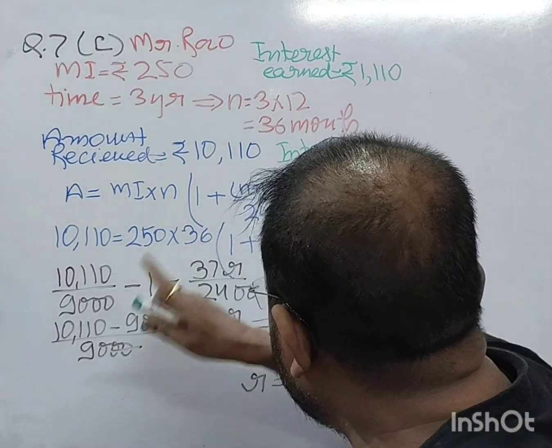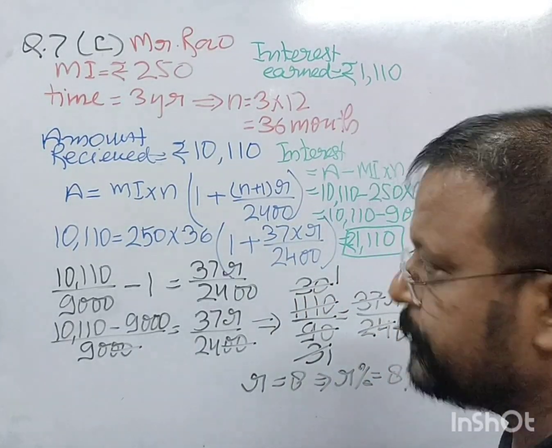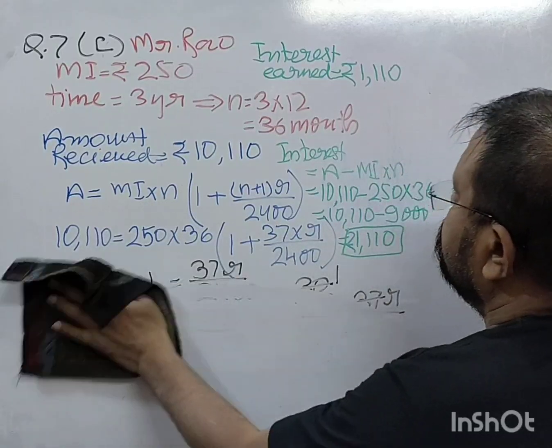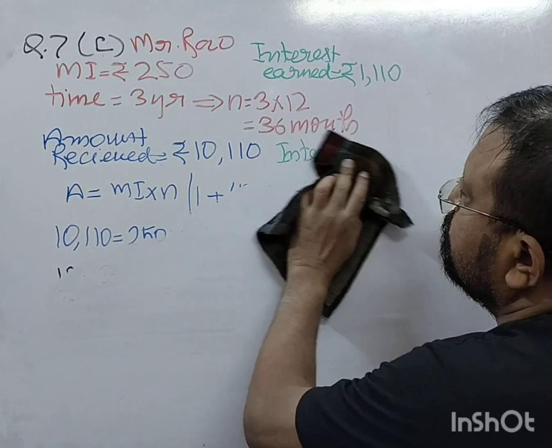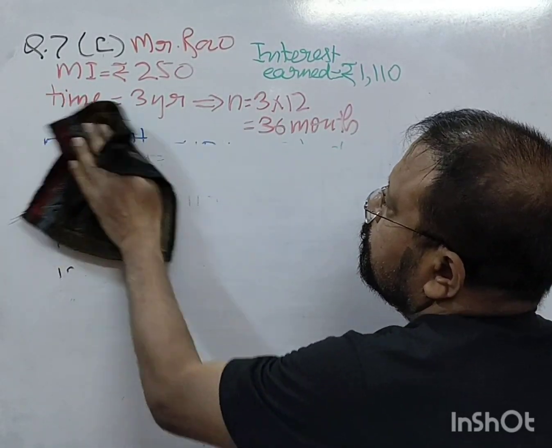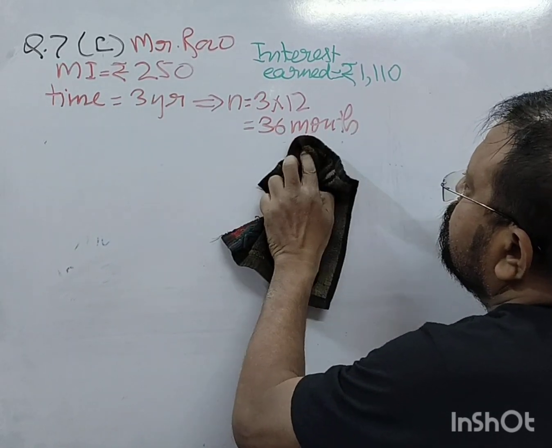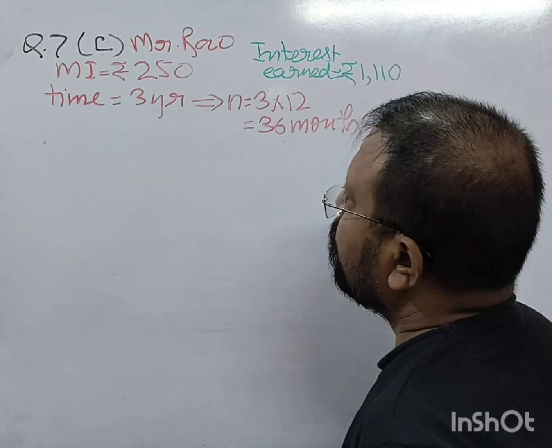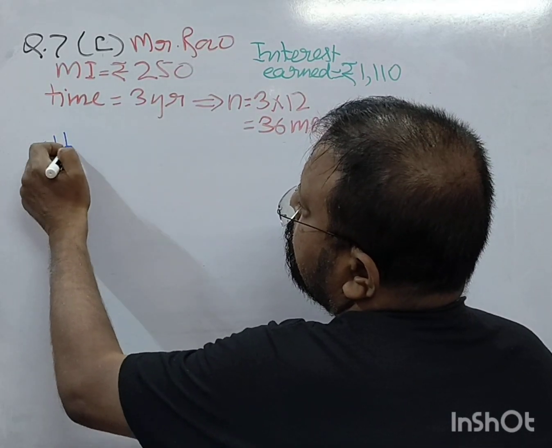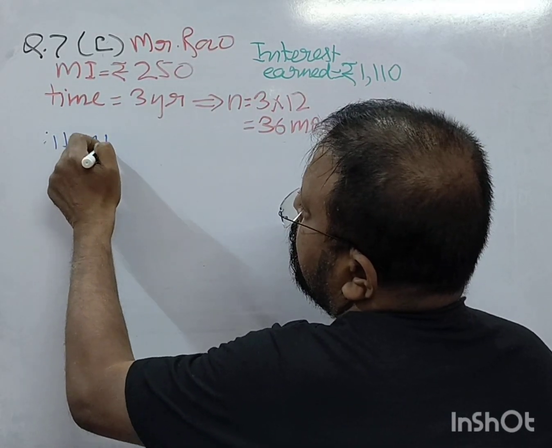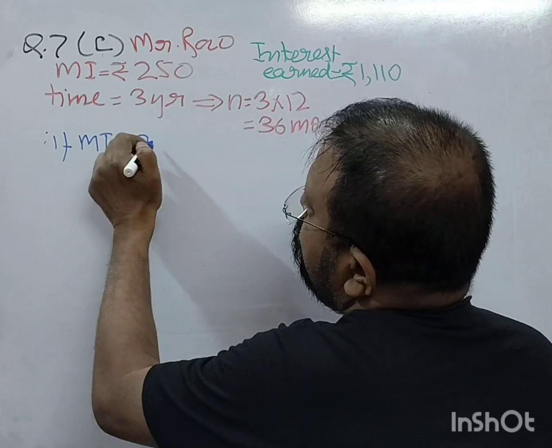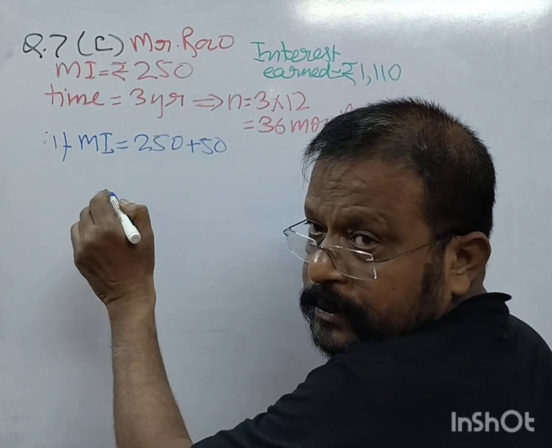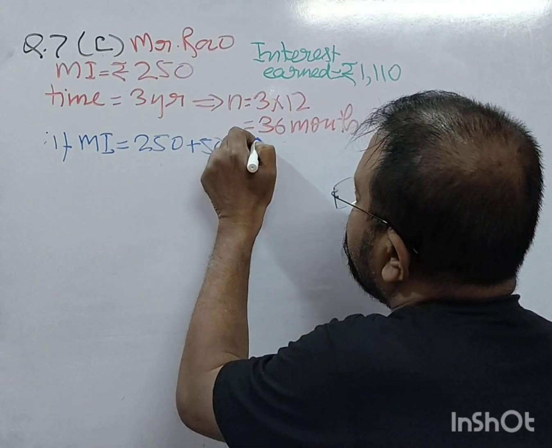Now, if MI is equal to 250 plus 50 rupees more, it becomes 300.